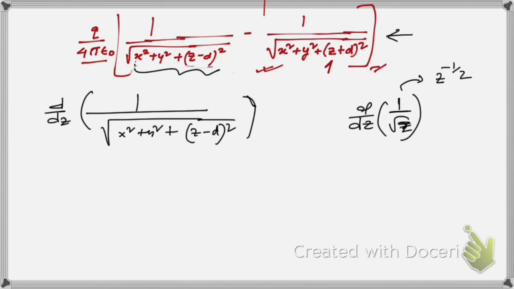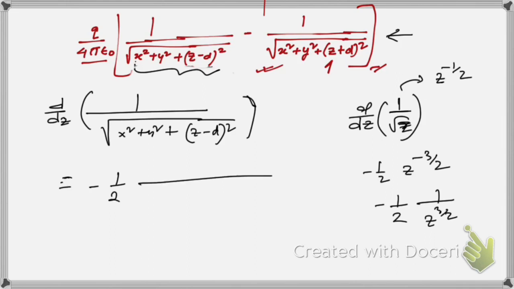If you differentiate it, you will get minus half, then z to the power minus 3 by 2, which can be written as half 1 by z to the power 3 by 2. So according to that, you can write this one as minus 1 by 2, x square plus y square plus z minus d whole square, whole to the power 3 by 2.